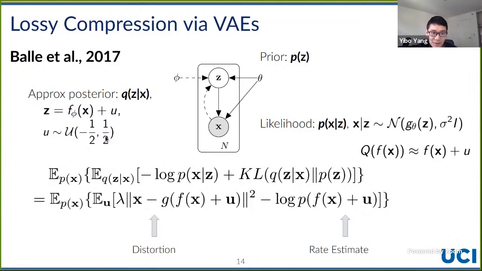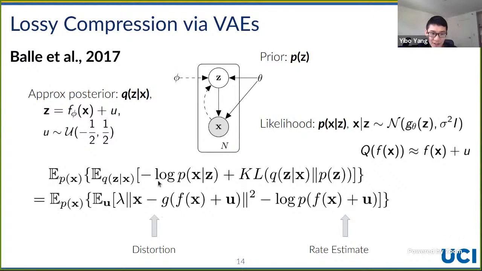If you use this particular choice of posterior, then you'll see that your negative ELBO from this particular VAE looks a lot like the rate distortion objective I showed earlier with transform coding.